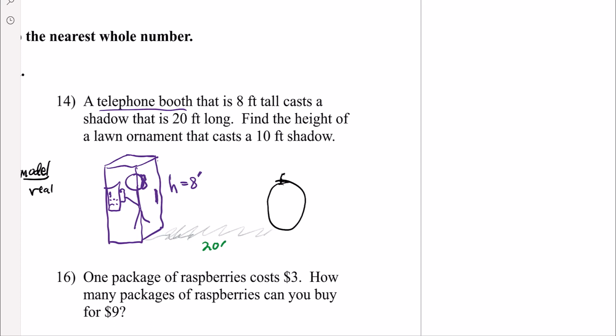This is a Christmas ornament. There we go. And its shadow is 10 feet. So what we don't know is this height. But look at what we have. We have a proportion.